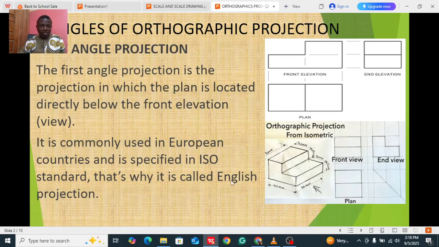So we are talking about first angle projection, and from this diagram you are seeing on the screen, this block that looks like a staircase, when you make an arrangement like this, it is called the first angle projection. An arrangement where the plan is below the front view.